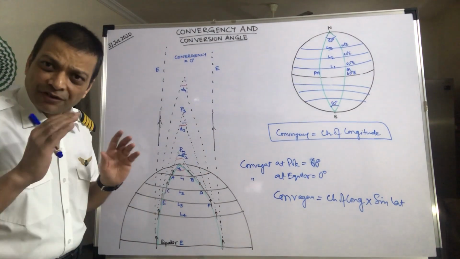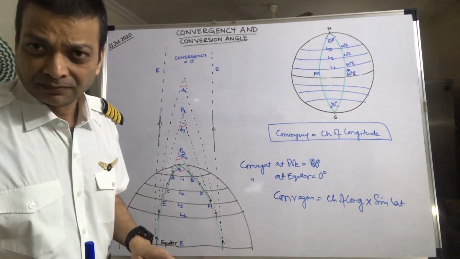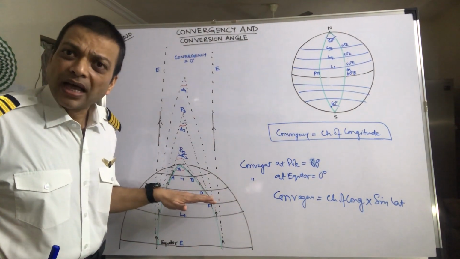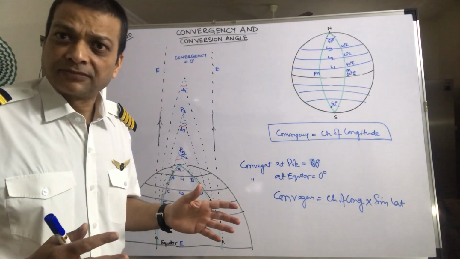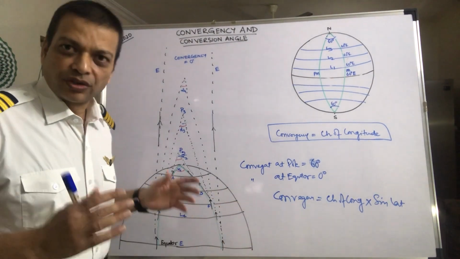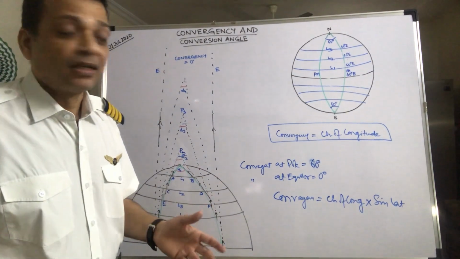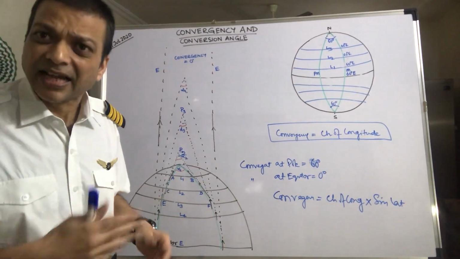But when we fly from one place to another, we are not going to fly along latitude always. Can it be so? It cannot be. So therefore, we have to fly from one place to another. It might be that we will be intersecting any latitude.